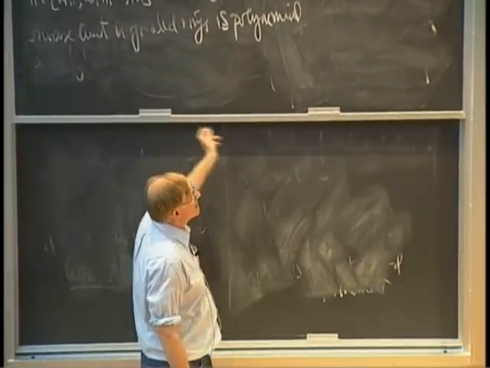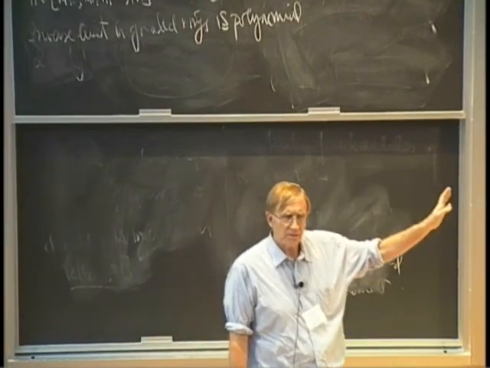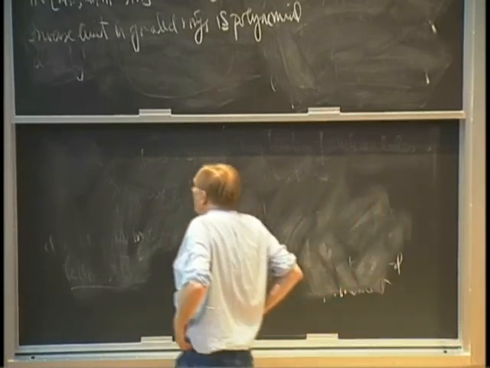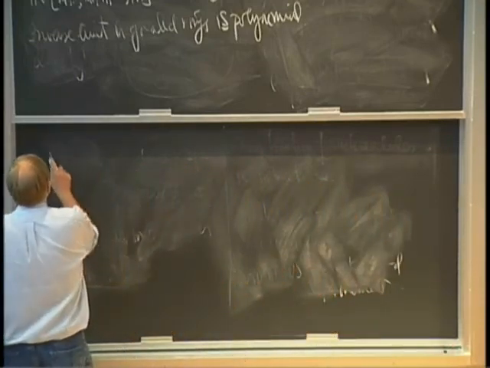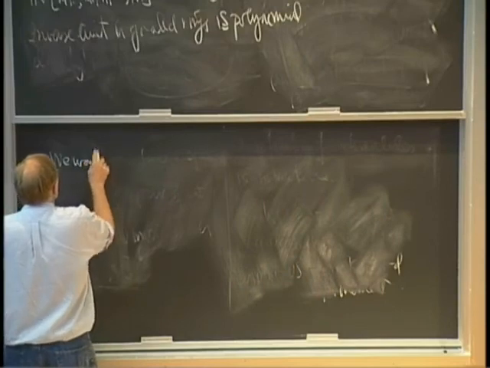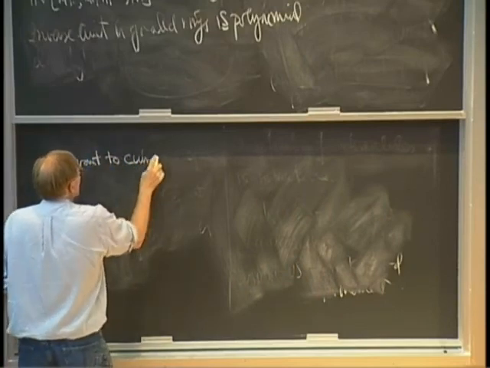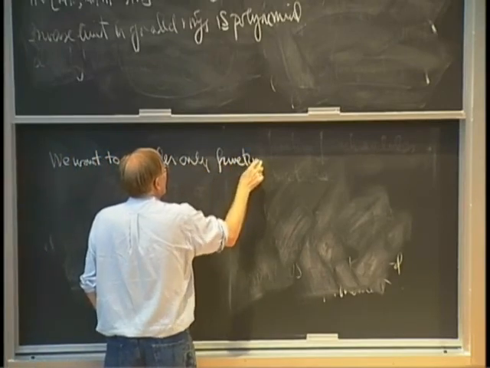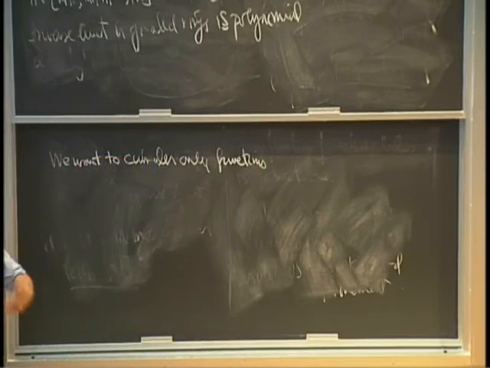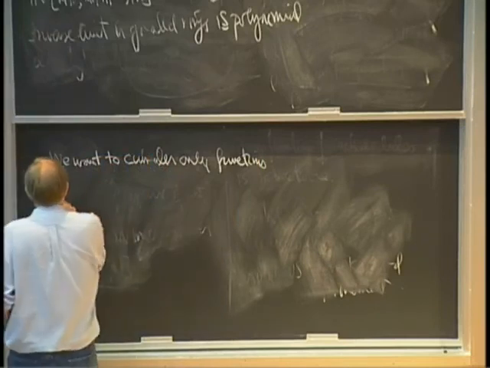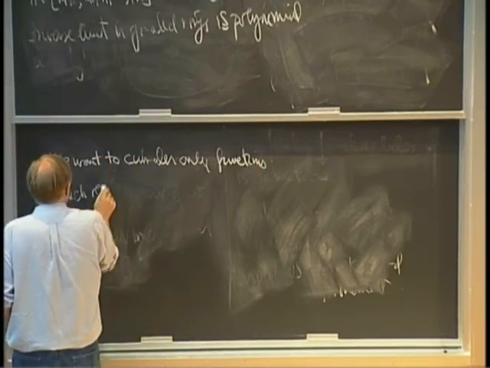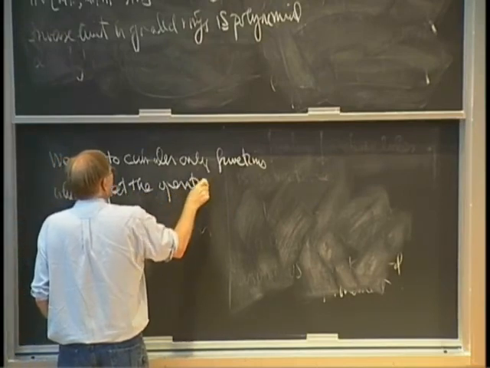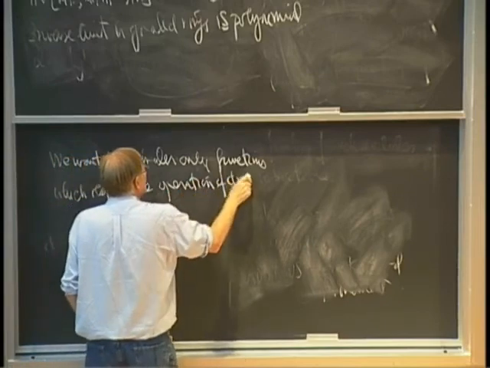All right, so that looks reasonable, like something that we could be interested in. I claim we want one more feature, though. We would like to consider only functions which respect the following operation: the operation of dropping an interval of length 0.